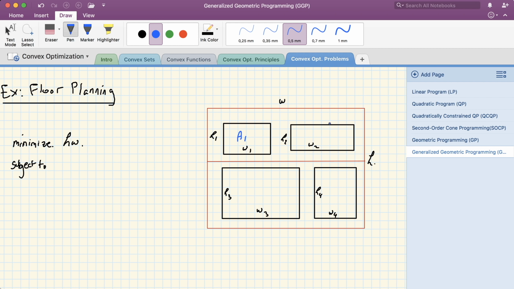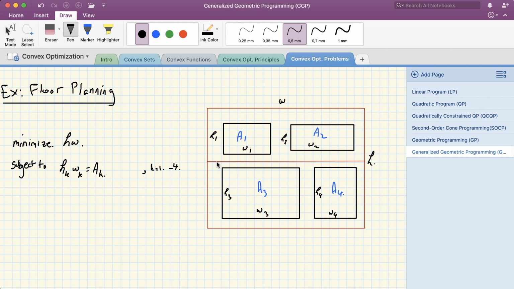So area A1, A2, A3, and A4. So those give me 4 monomial equality constraints. So h_k w_k is equal to A_k, right? Where k is going from 1 to 4, right?